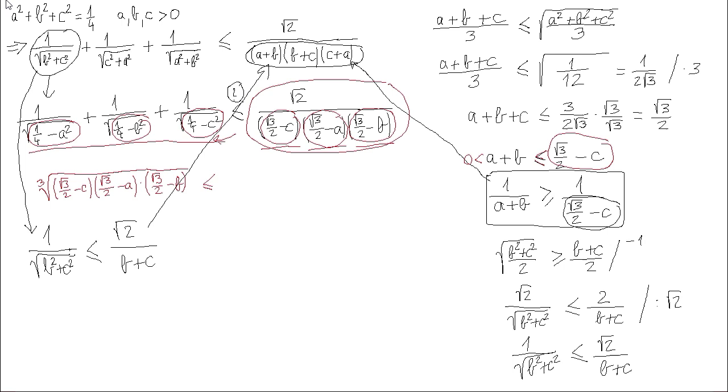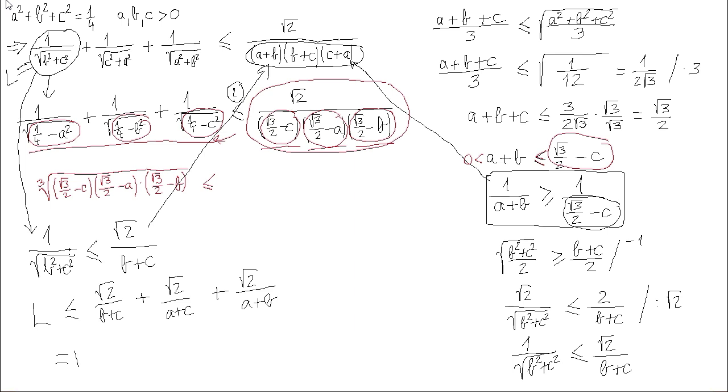And so the whole left-hand side L is less than square root of 2 over b plus c for the first term, plus square root of 2 over a plus c for the second term, plus square root of 2 over a plus b for the third term.